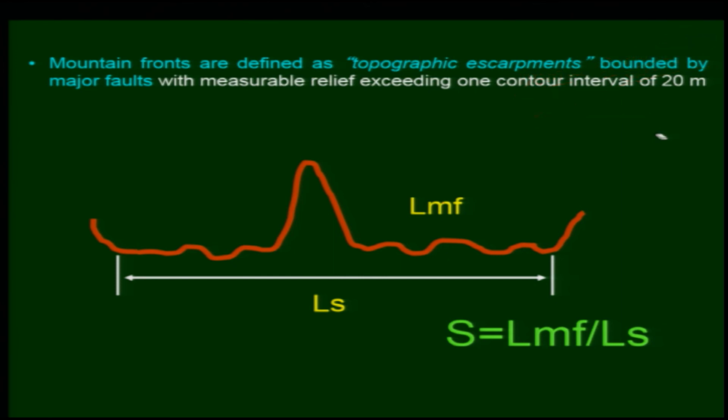Mountain fronts are defined as topographic escarpments bounded by major faults with measurable relief exceeding one contour interval of 20 meters. You can identify this on your topo maps, or on contours extracted from a digital elevation model prepared from high resolution satellite photos with stereo vision capabilities.